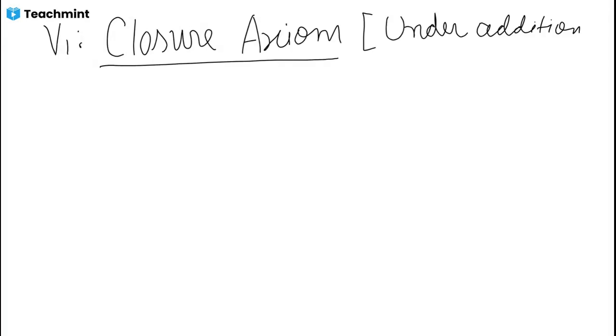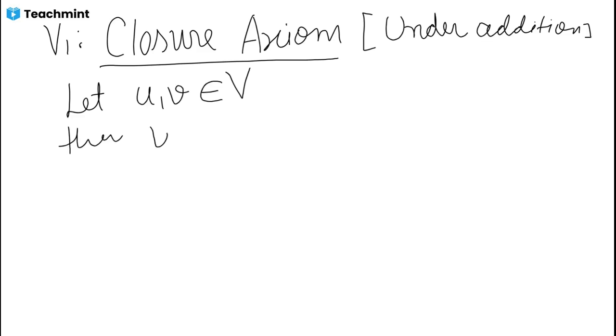What is this closure axiom? Let any two elements of this non-empty set, let u, v belong to this set V, then the sum of u and v will also belong to V. Okay, this is the closure axiom.